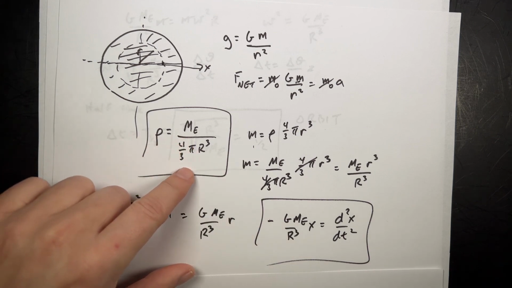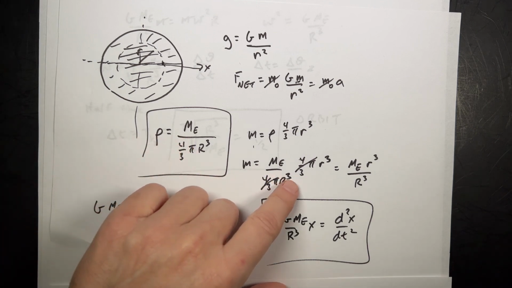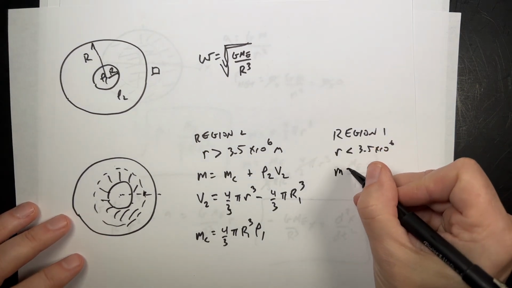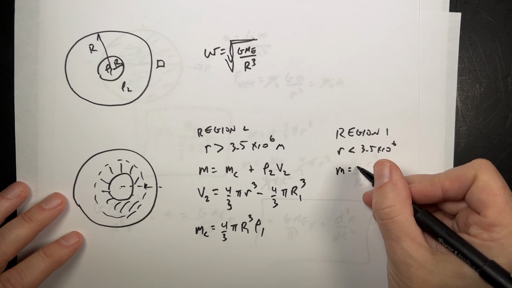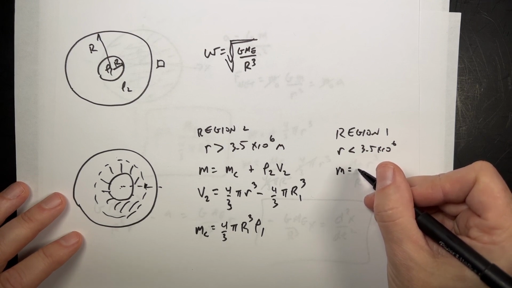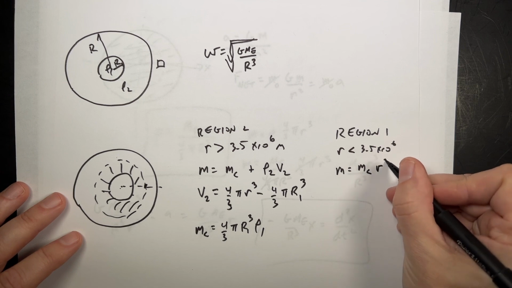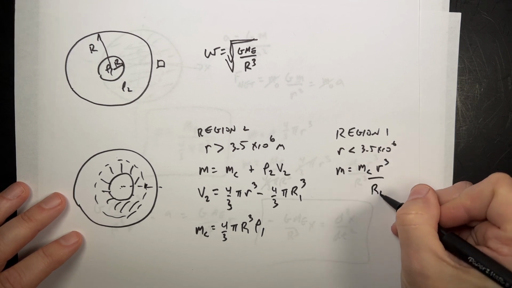I'll just calculate the mass as equal to the mass of the core, which I'm going to have to calculate beforehand, times r cubed over r1 cubed.